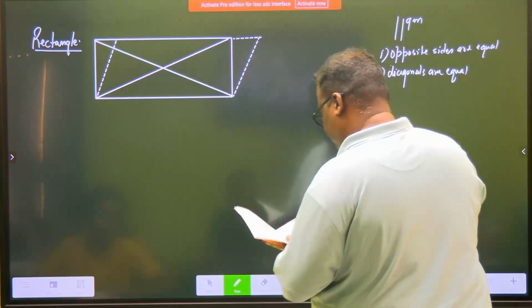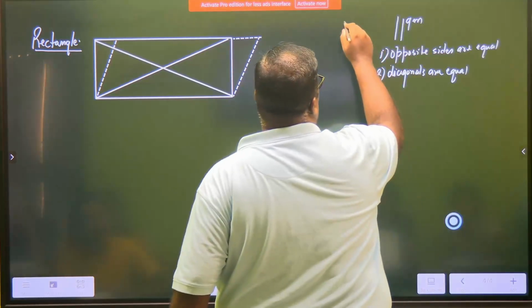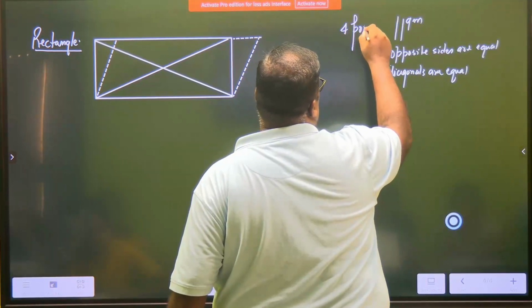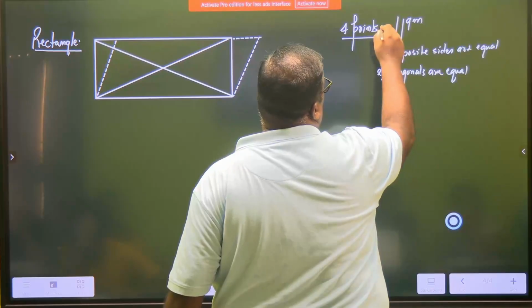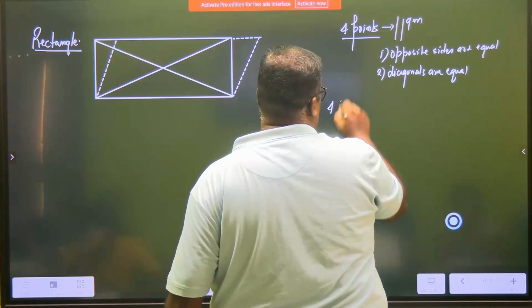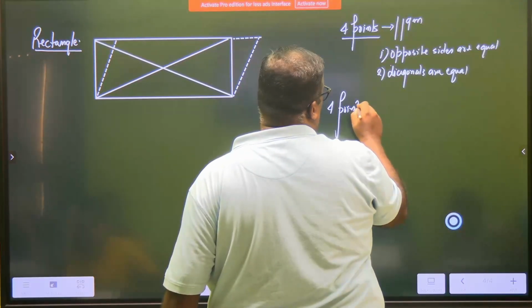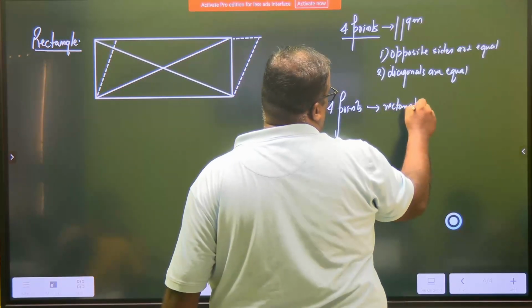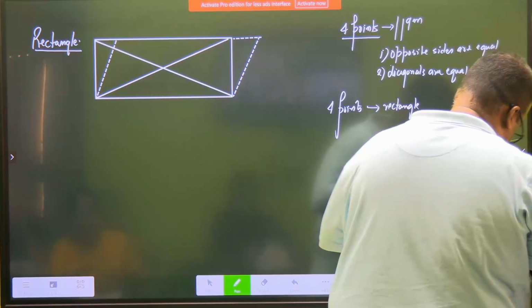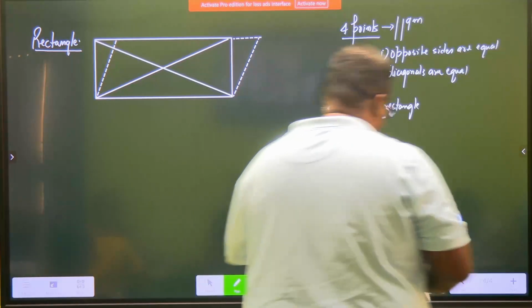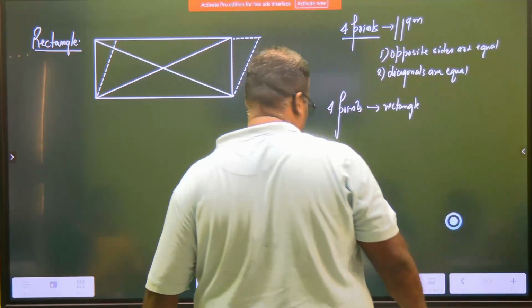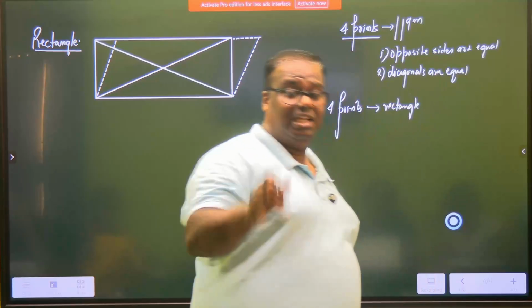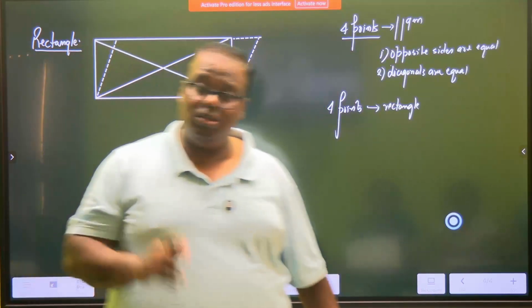And second, 4 points form a parallelogram. Then again write 4 points. This time we are talking about a rectangle. In Hindi it is known as Chaturbhuj. Is a parallelogram a rectangle?